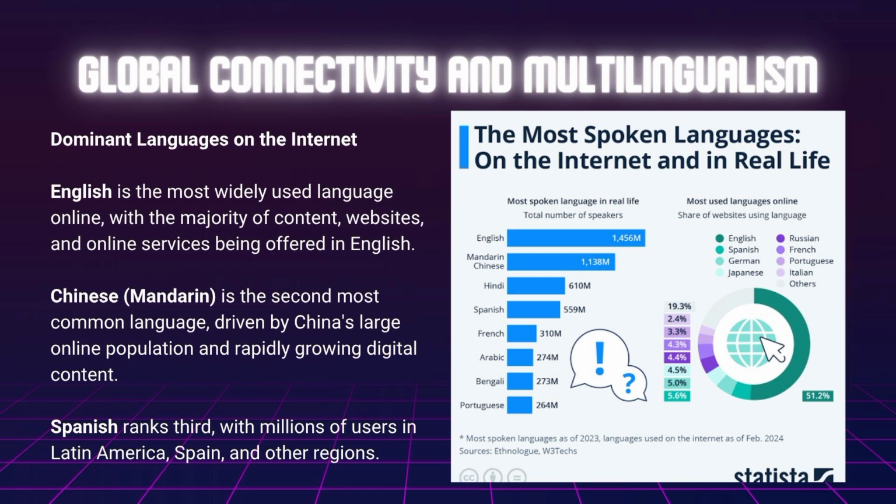Then we have number two, Chinese Mandarin, the second most common language, driven by China's large online population and rapidly growing digital content. Then third is Spanish, with millions of users in Latin America, Spain, and other regions.